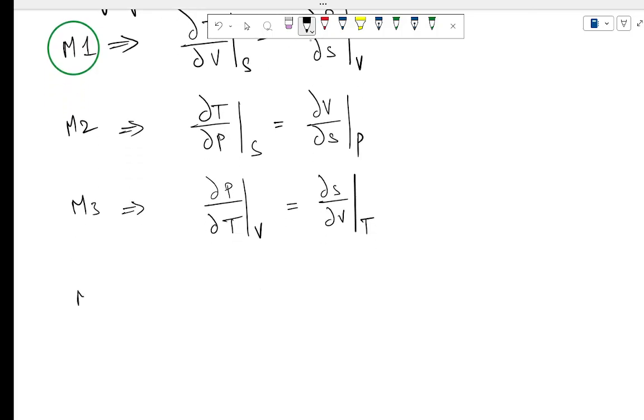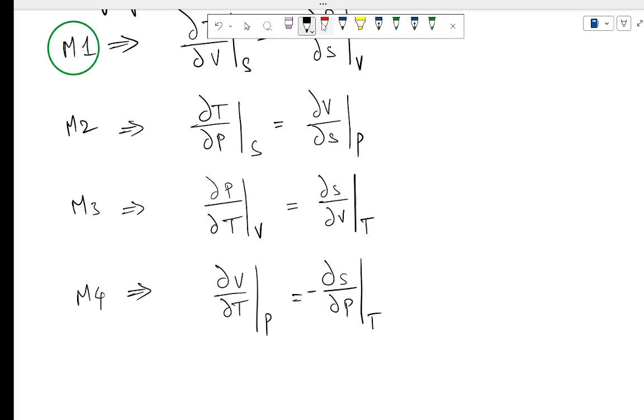And I got M4 also. This M4 is ∂V/∂T at constant pressure equal to ∂S/∂P at constant temperature. There is a minus here.